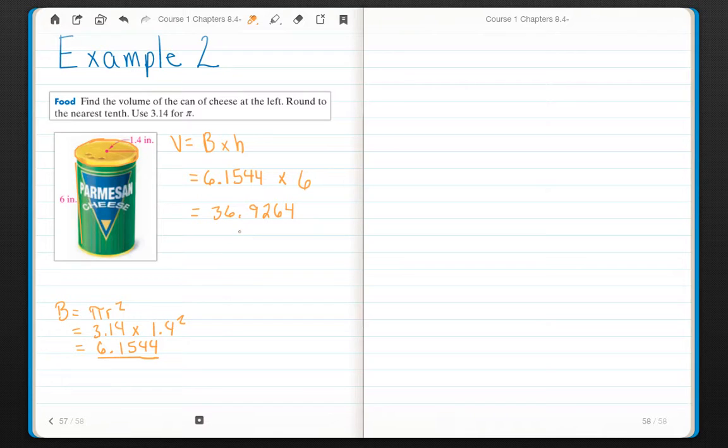So I'm going to round that to the nearest tenth, which is 36.9 inches cubed. And there is the volume of my cylinder. Okay? All right. Again, that's it for examples. Complete your QCs and your CYUs. Be sure to show all of your work. And if you have questions, come and see me.